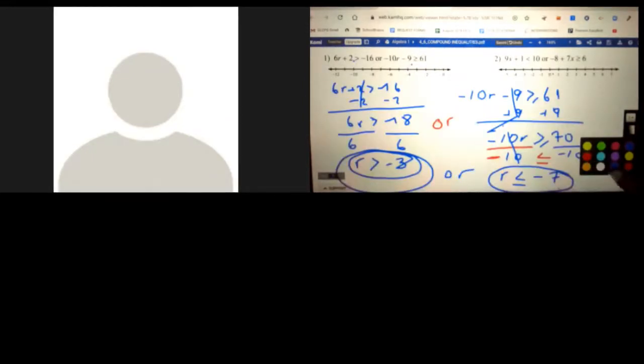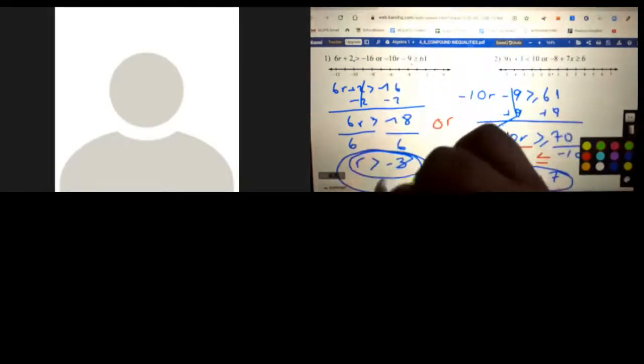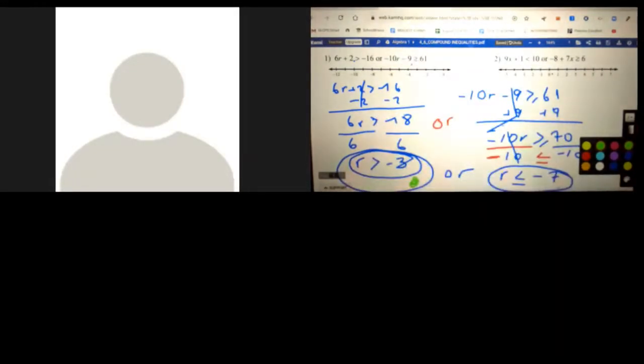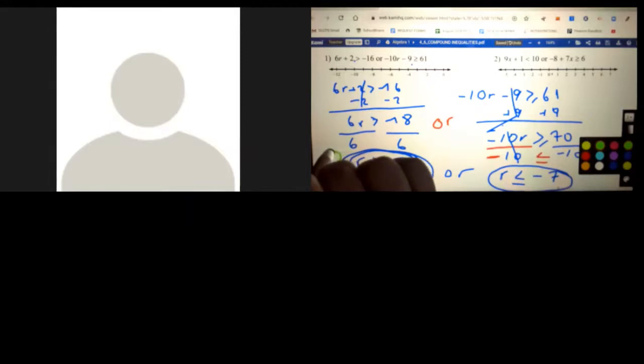Let's do the first one first. Let's do that with green. r is greater than -3. First thing, mark the number that you are working with, and that's -3. Second thing, look at your sign. You don't have an equal, so this is going to be an open circle.